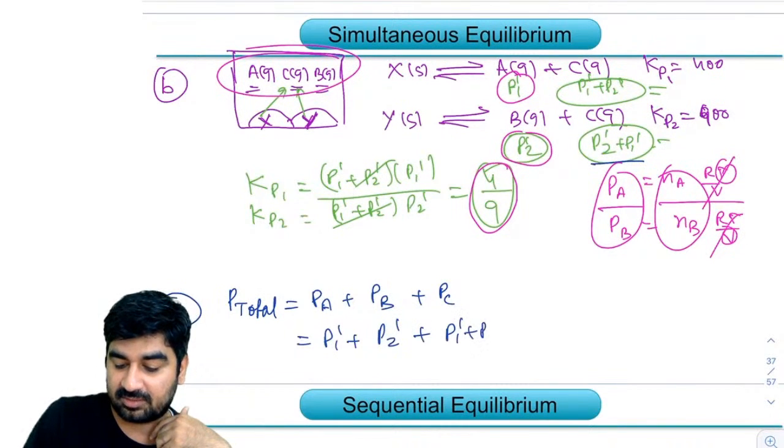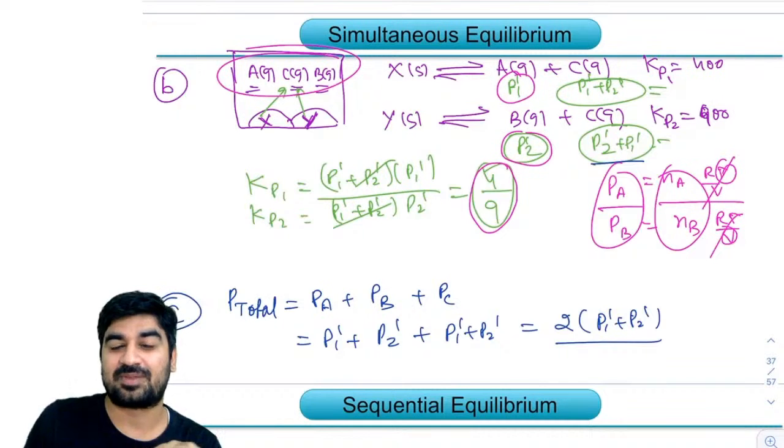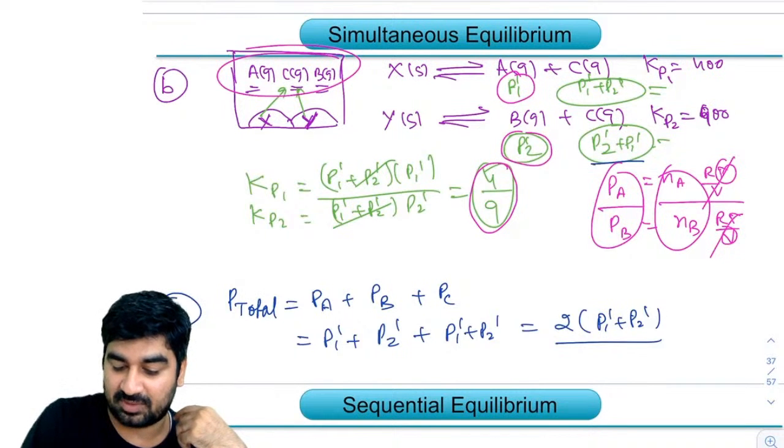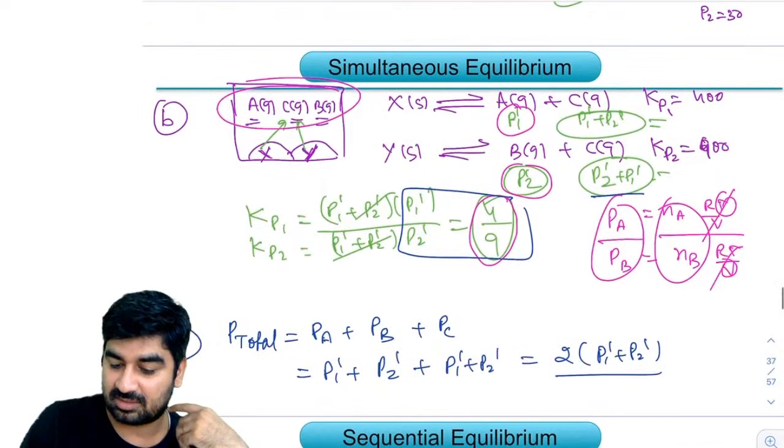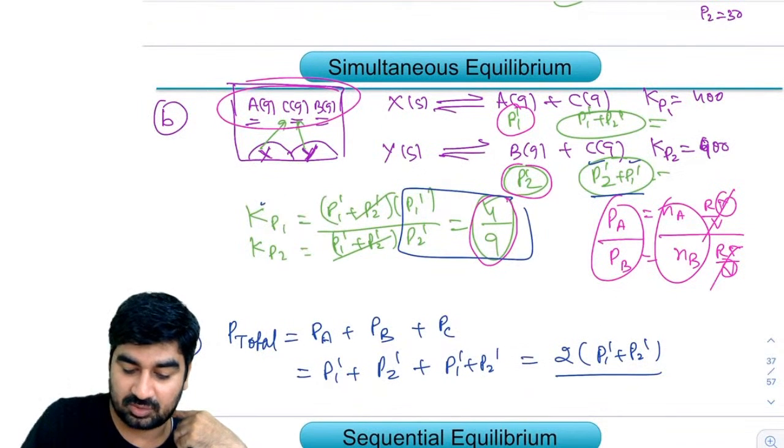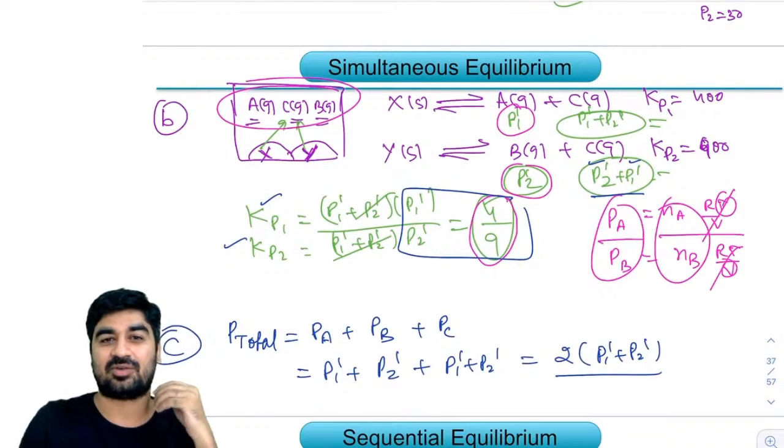It is P1 dash and P2 dash. So it would be P1 dash plus P2 dash. So if somehow you calculate the P1 dash and P2 dash, your problem would be solved. So you already know the ratio of P1 dash and P2 dash, that is 4 is to 9. So there are two variables, P1 dash and P2 dash, and there are two equations. Now you can easily solve it.